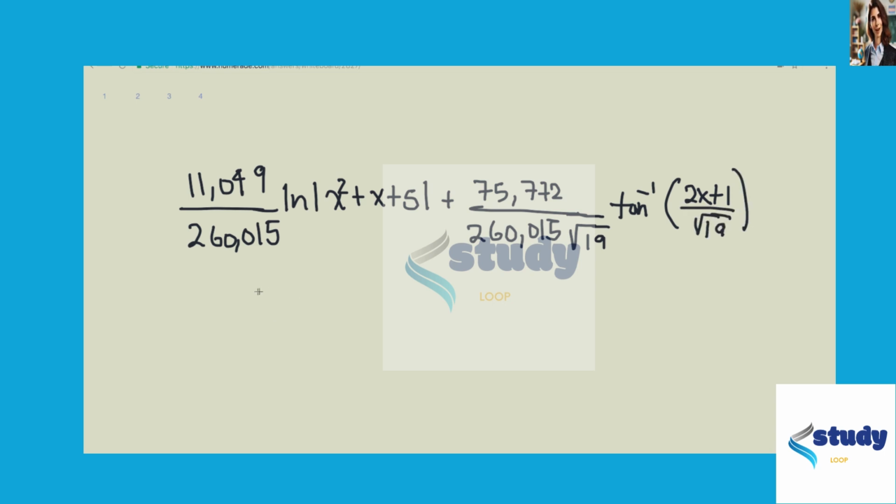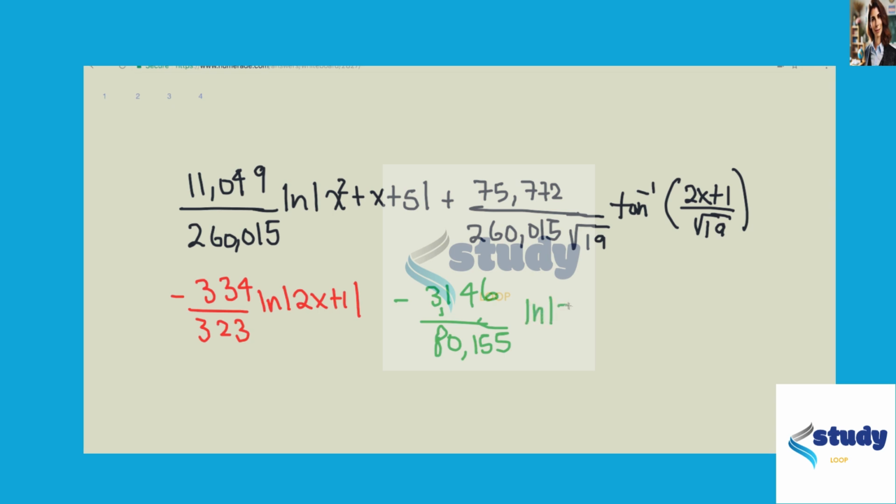So that's the sum, that's the most complicated integral. That's where we have to use the u sub and then the trig sub. Then the next integral. And then we subtracted the following integral as well. So that's 80,155 ln 3x minus 7.